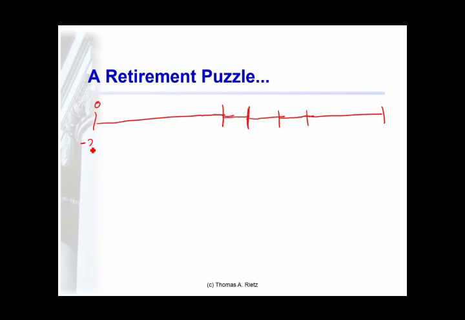I am giving up the use of $25,000 today in my retirement savings. At the end of this year, I'm going to have to make a payment into my retirement account, so I'll give up its use. That'll be minus. And then let's see, how long am I going to be working? I'm going to be working 20 years. So I'm going to keep making these payments.